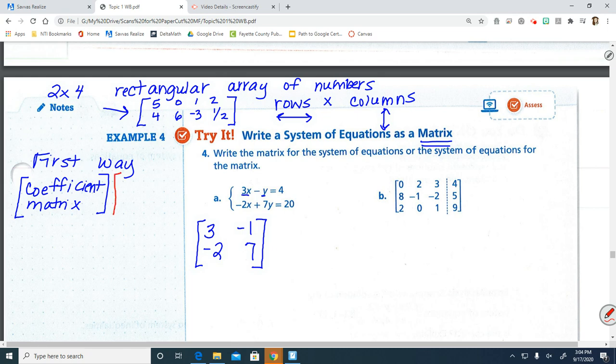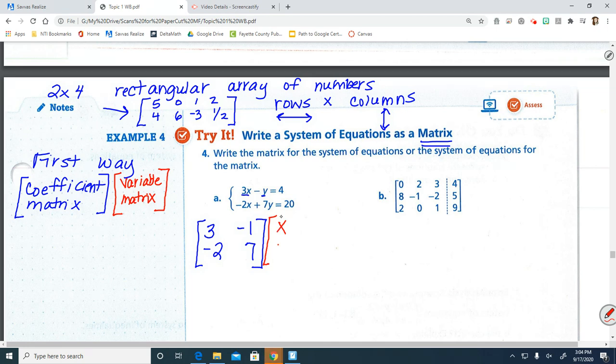After that, you would say that's equal, or next to, the variable matrix. So the coefficient matrix is written beside the variable matrix. The variable matrix are the variables that you're using. You read variables left to right, but when you list them in the matrix, because of the way that matrices work, you need to list them in the same order that they appear, but you need to list them vertically.